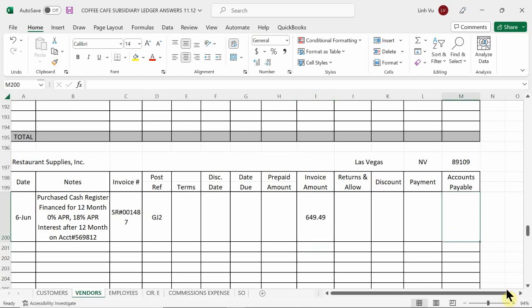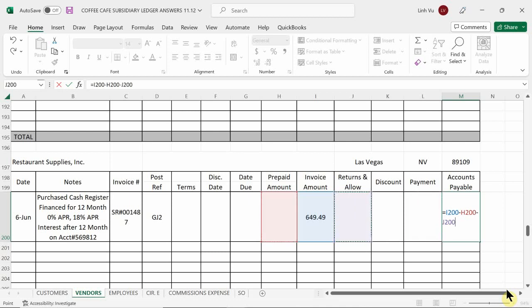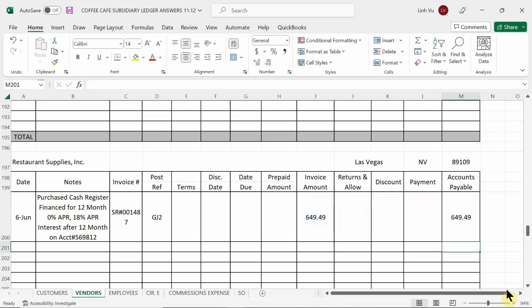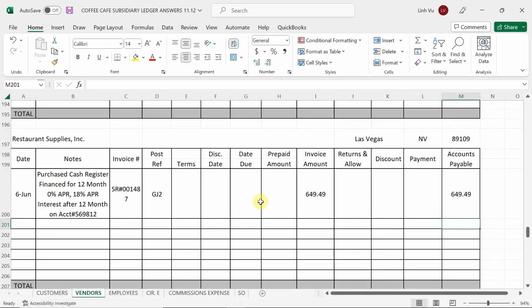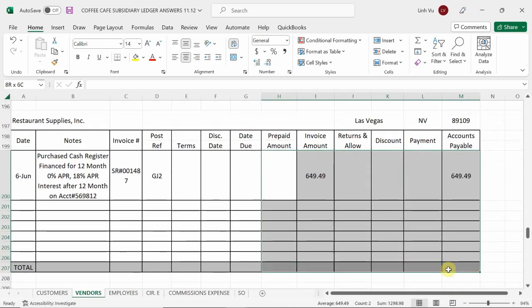So I'm going to create my first liability here, saying that I owe Restaurant Supplies $649.49, which is true. I still owe them on an account, and I have yet to make my monthly payments.